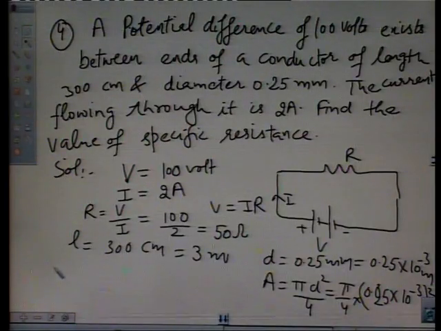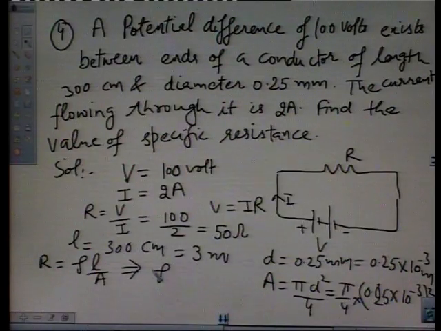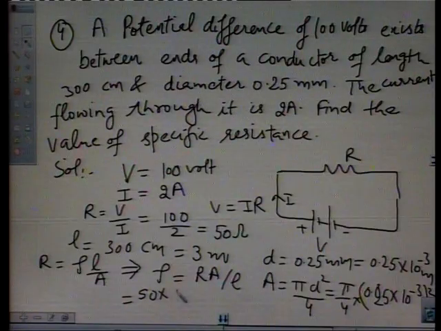As we know that R is equal to rho L upon A. So from this we get the value of resistivity rho is equal to R A upon L. So we can put different values. R is equal to 50, area upon length is 3 meter.